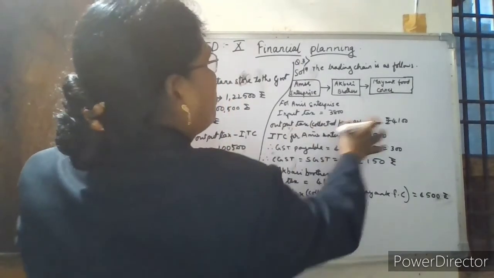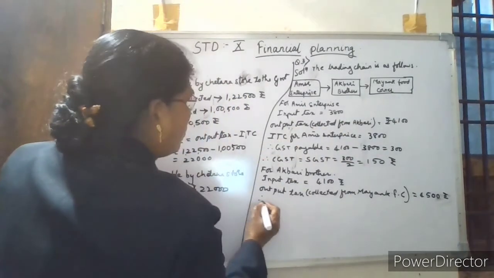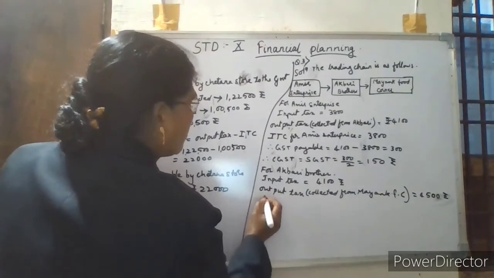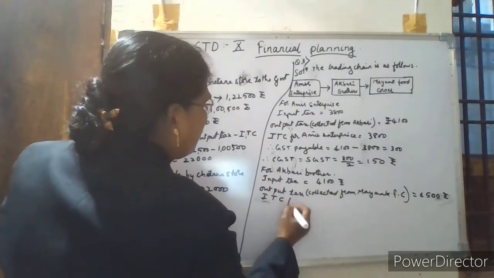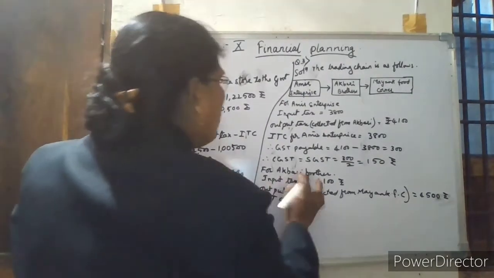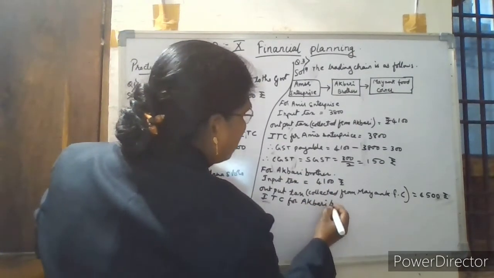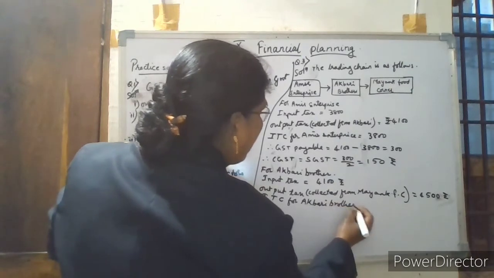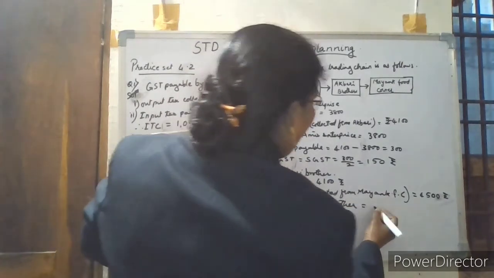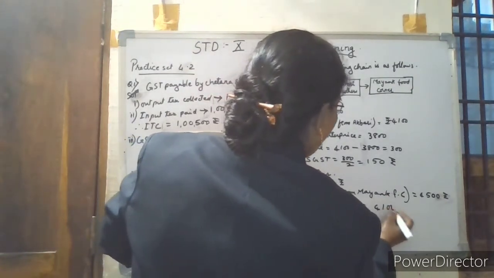This is the output collected. So ITC for Akbari Brothers is equal to 4,100.